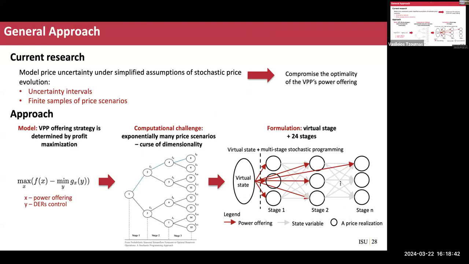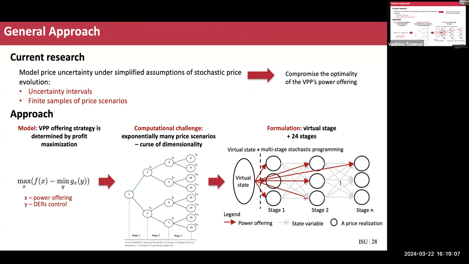So the general approach we have here is to model this VPP offering strategy by this kind of optimization problem, where we want to maximize this f(x), which is the revenue we get from offering power. In explicit form, this is just the price times the power offering, right? This is something we want to maximize.